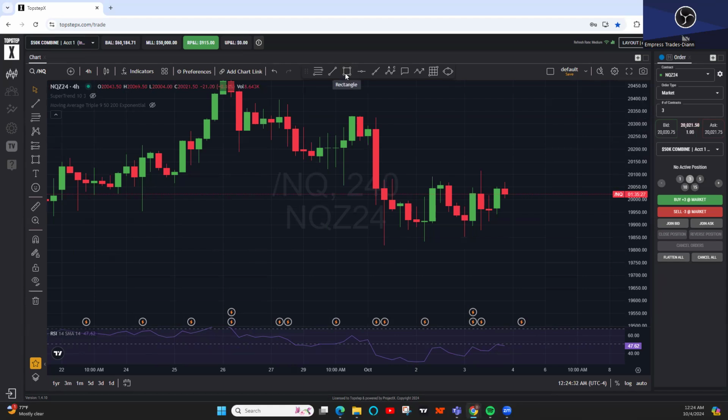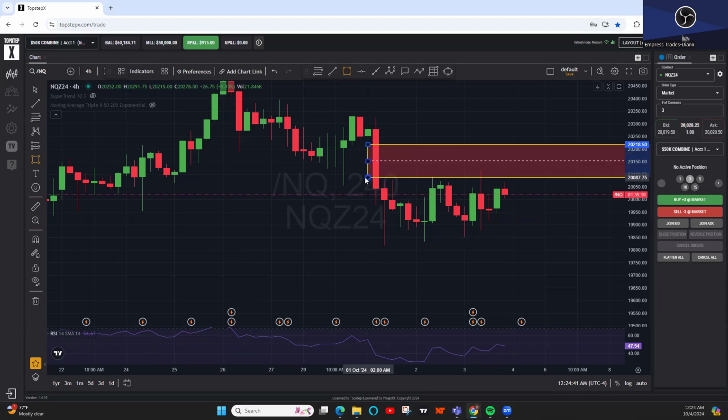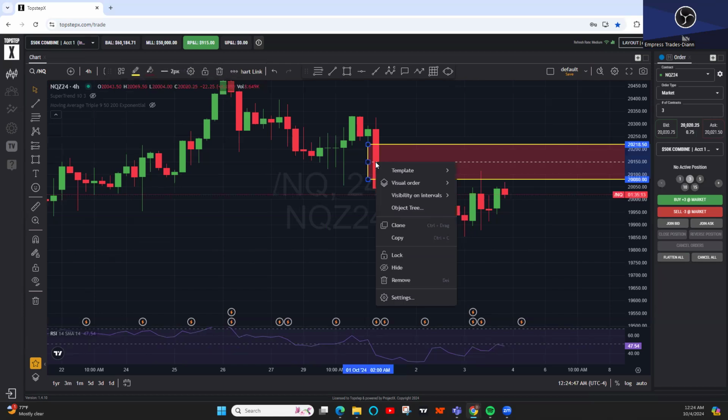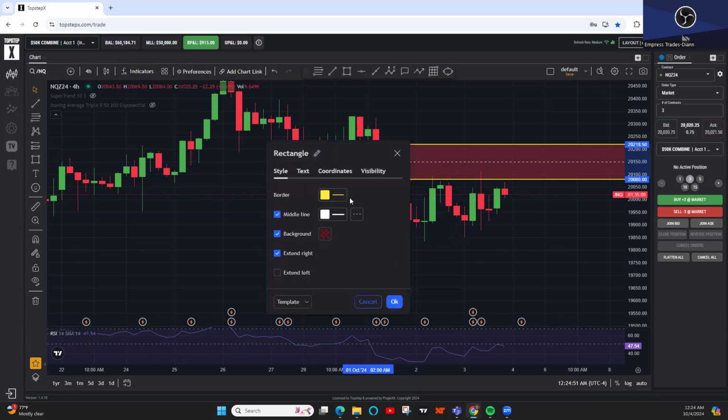With the rectangle tool, once I click it, I'm going to draw up my fair value gap, and now it's posted on my chart. My settings, you're going to right click. These are my settings. My border is on yellow.